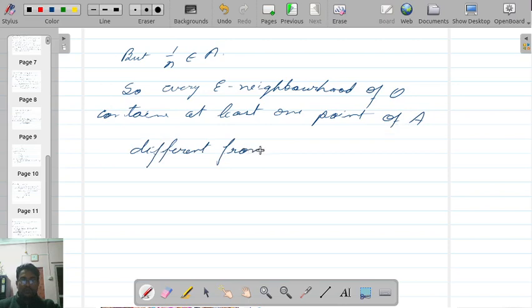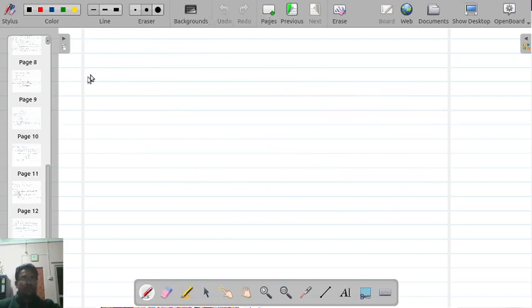So 0 is a limit point. Therefore 0 is a limit point of the set. Okay, so this was one example where we have limit points.